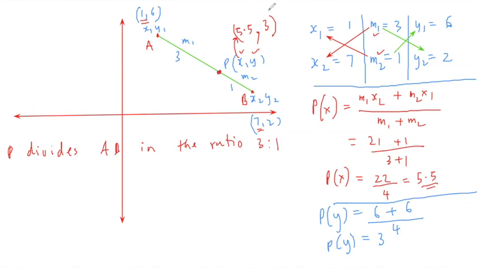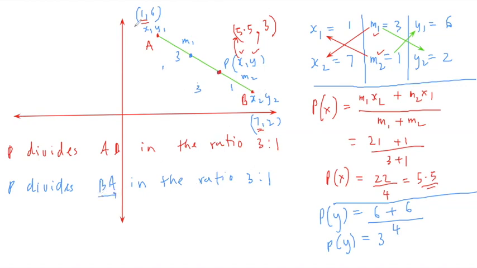If it says instead P divides BA in the ratio 3:1, then it would be inverted. Then the point P would be here. Okay, 3:1. Okay, so just remember the direction.